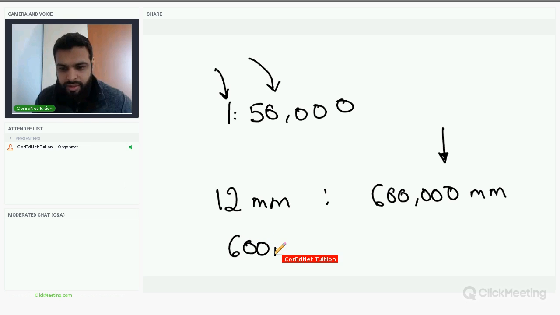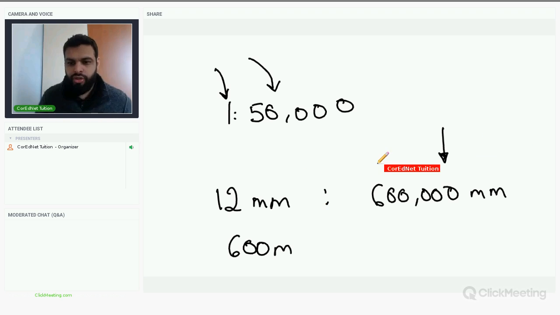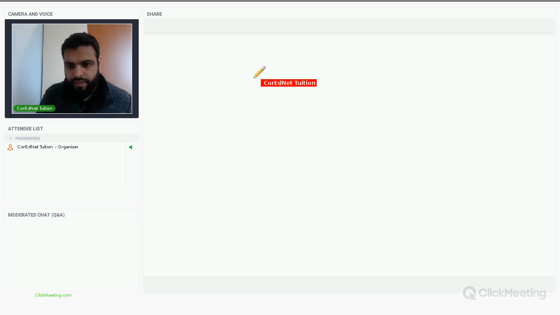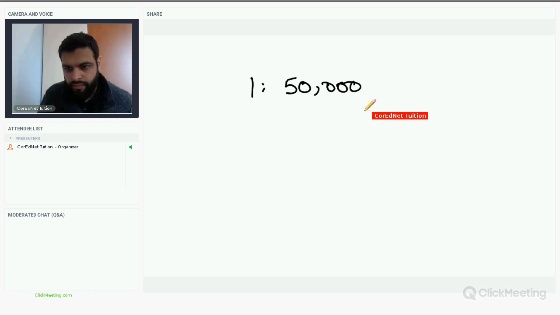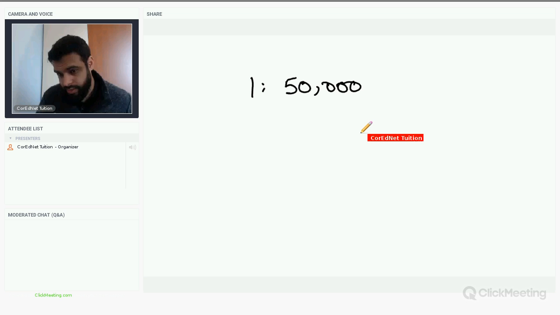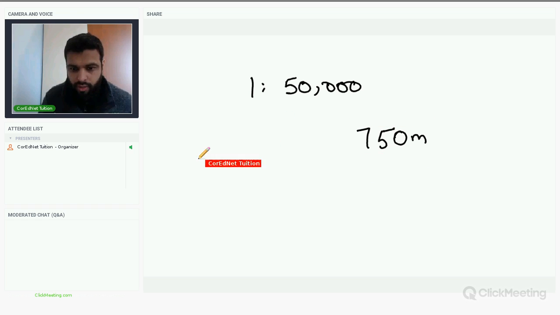Yes, well done, guys. 600 meters, so in terms of meters, that would be 600 meters. Using the same scale of 1 to 50,000, imagine in real life you measured a distance of 750 meters, and you want to work backwards and work out on your map how long that distance will be.